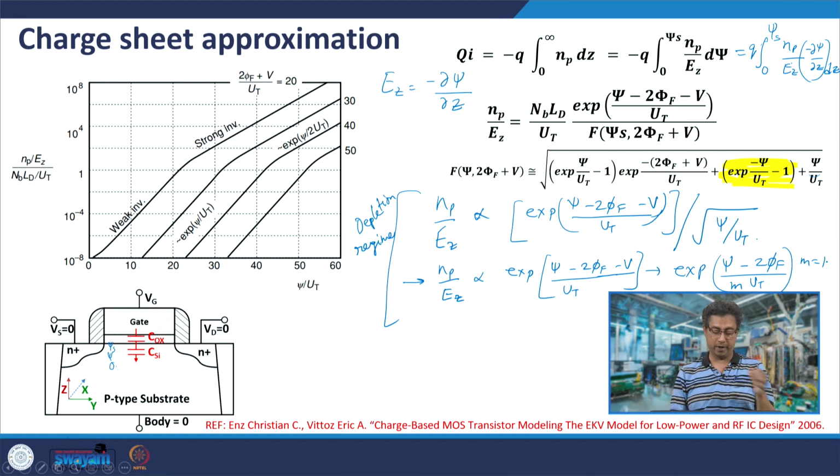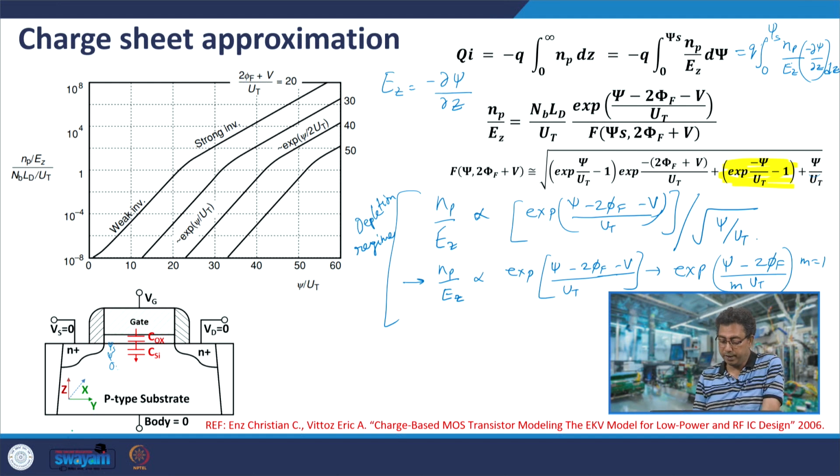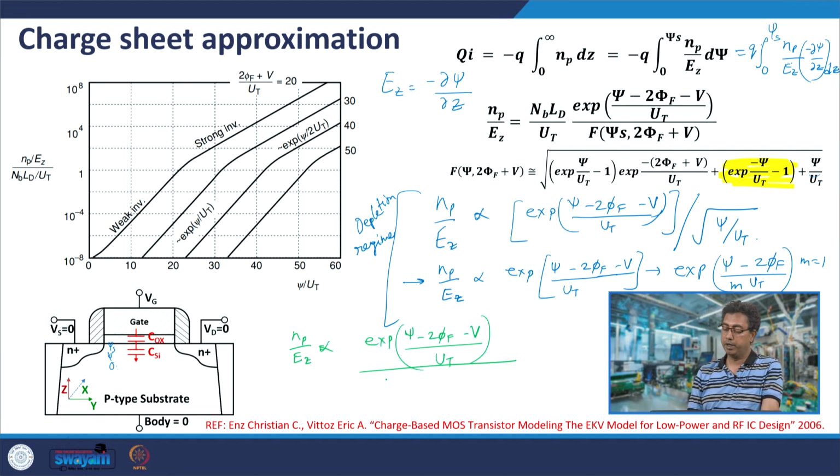Now let us see what happens in strong inversion. When strong inversion sets in, NP by Ez would be proportional to this divided by the function f. In function f, now in strong inversion, this term dominates compared to this, because chi has become larger than 2 phi f plus V. So, that is why this term now starts dominating.